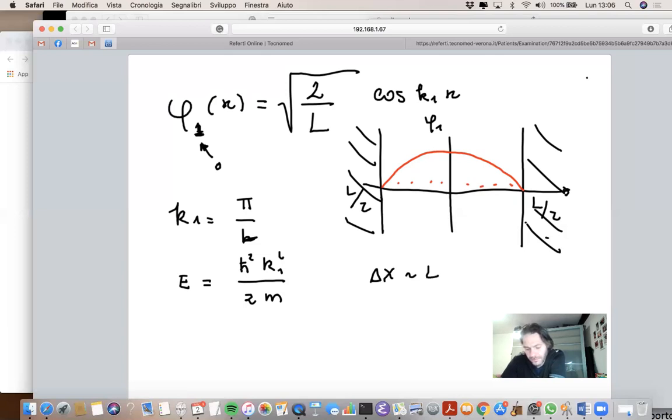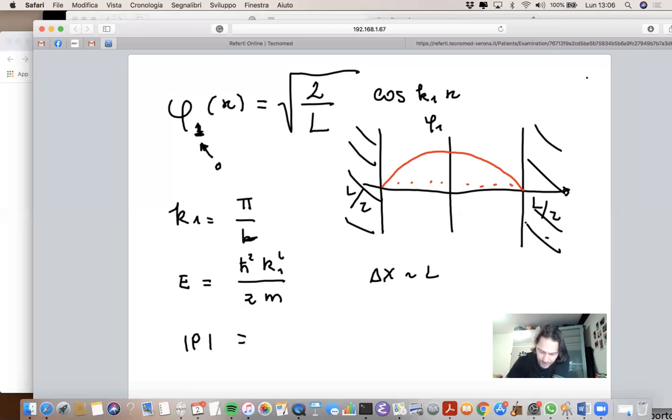On the other hand, from this equation, I know that the kinetic energy has this structure, which we already had in discussion.